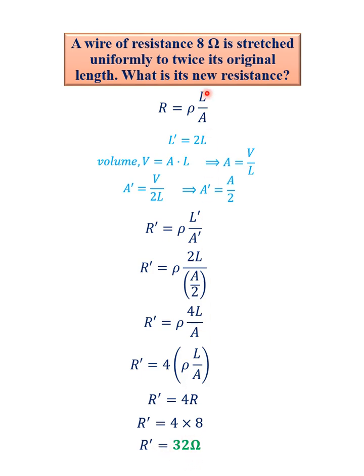So by stretching the wire to double its original length, the cross-sectional area is halved, and that makes the resistance increase 4 times. It quadruples. The resistance quadruples when the length is doubled, resulting in half its cross-sectional area. So this is the answer to the question. 32 ohms is now the new resistance, and it is very simple and straightforward.